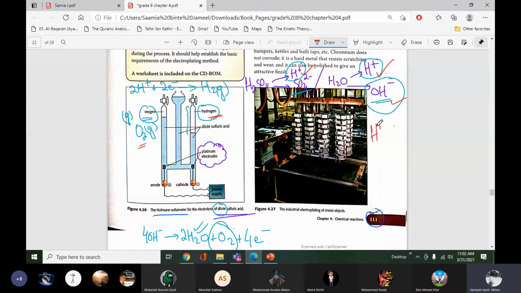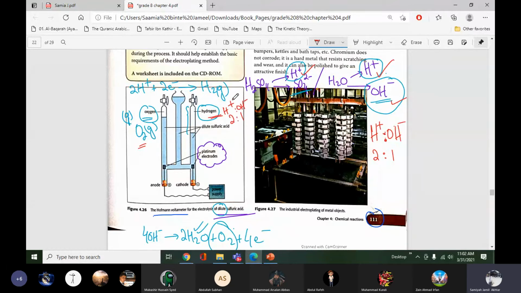So the ratio of hydrogen positive to OH ions is 2:1. These two are producing two times the hydrogen plus as compared to OH ions. That is why more H positive ions are moving to the cathode side, and that's why we are getting more hydrogen. The ratio here is 2:1.